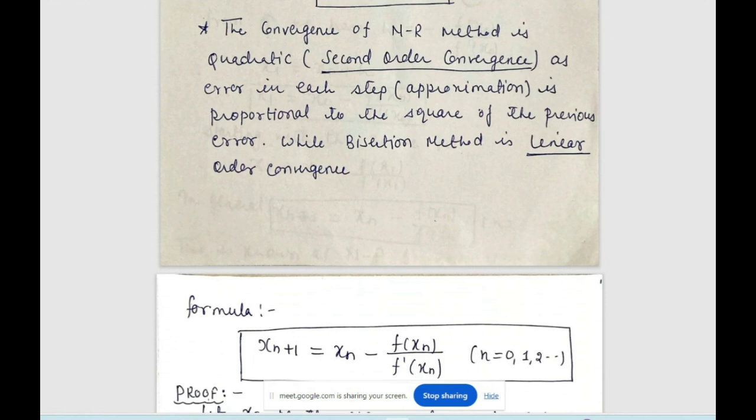In each step, the error in any approximation is proportional to the square of the previous error. That's why this particular method is known as a quadratic or second order convergence method. While other methods like the bisection method are linear order convergence, the NR method is second order convergence.